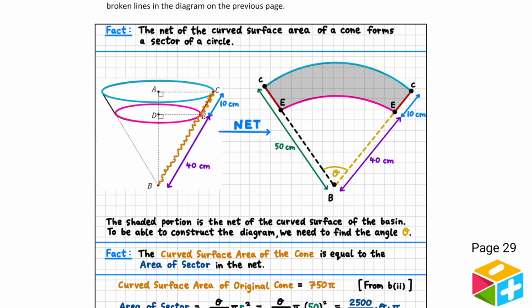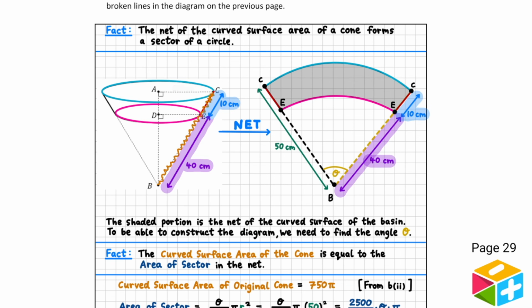Now that we've got the sketch of our net diagram, we need to make sure we label it with enough measurements so that it could be accurately drawn. From the previous parts of the question, we already know the side lengths. BE measures 40 centimetres and EC measures 10 centimetres.